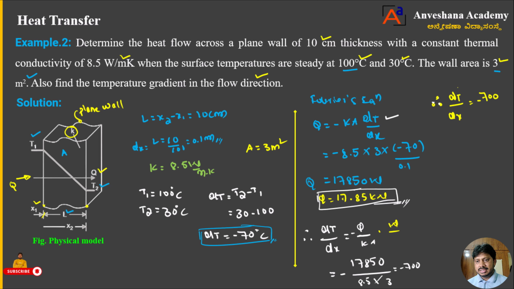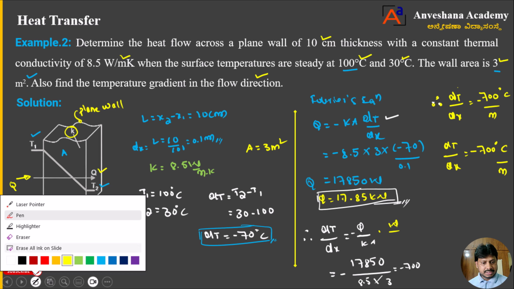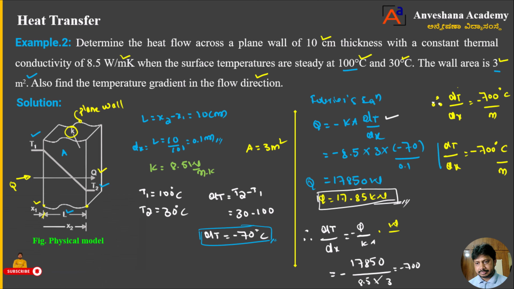You can write it, change in temperature in degrees Celsius divided by meter. So dT by dx is equal to minus 700 degrees Celsius per unit length, or unit thickness, you can call it, dear students. Now this is our final answer. This is our final answer, dear students.